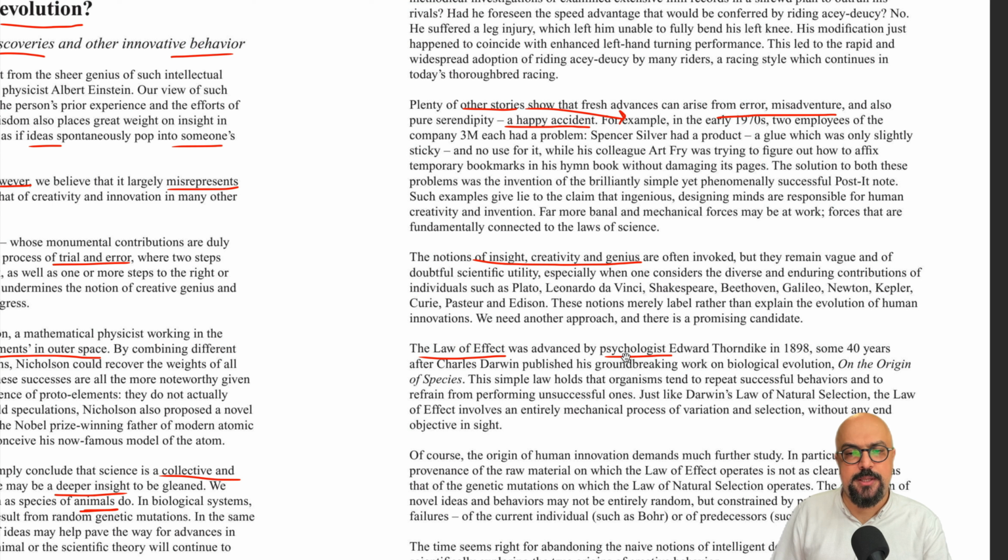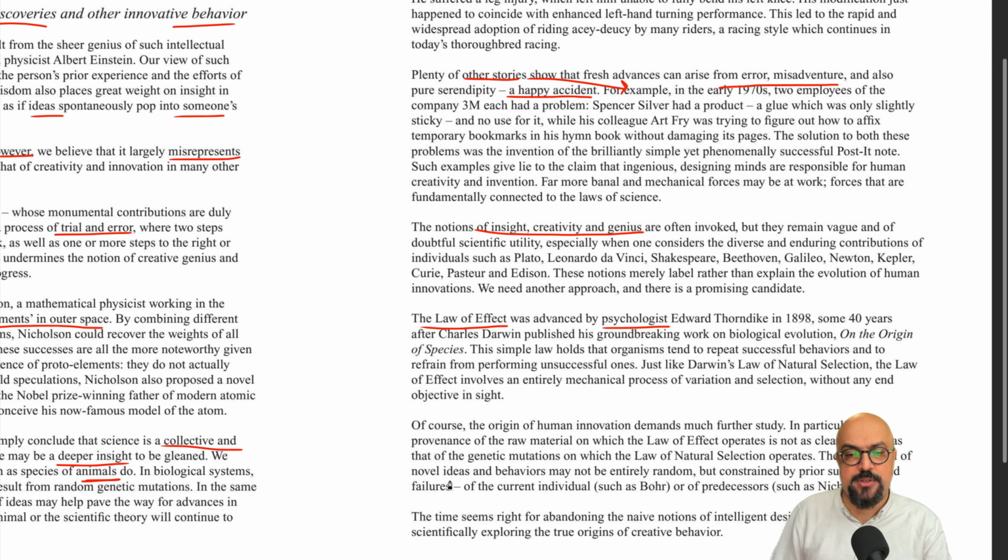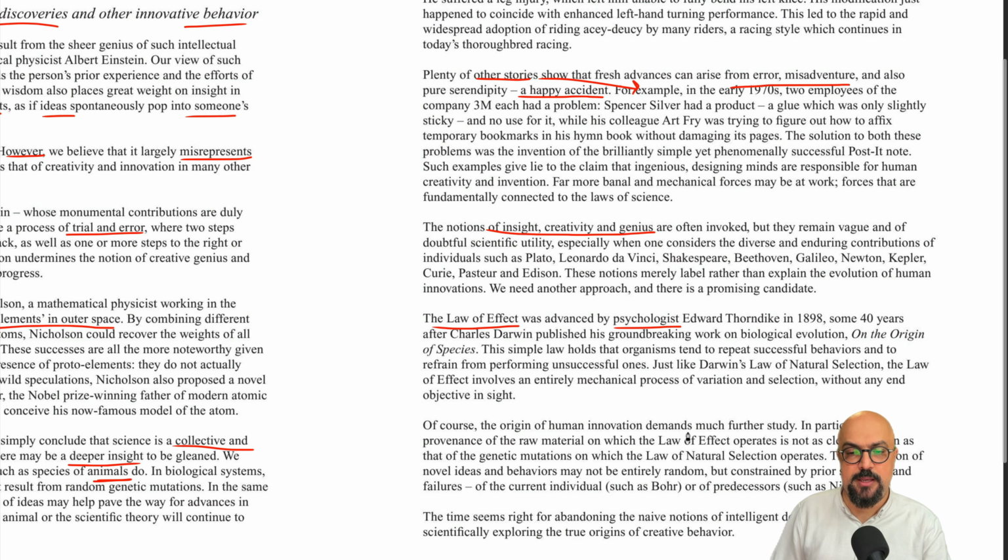What we care about is ideas, like psychologist, law of effect. Of course, the origin of human innovation demands much further study. This paragraph is about the future and the further study that is needed.